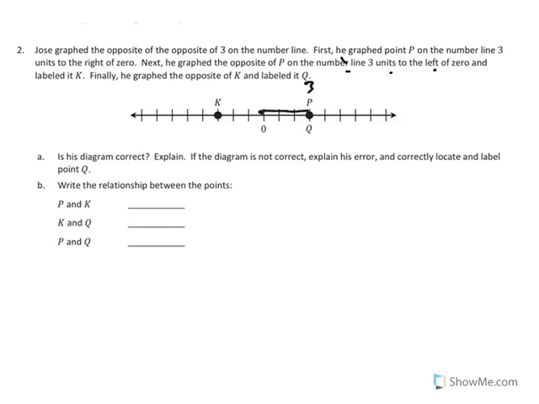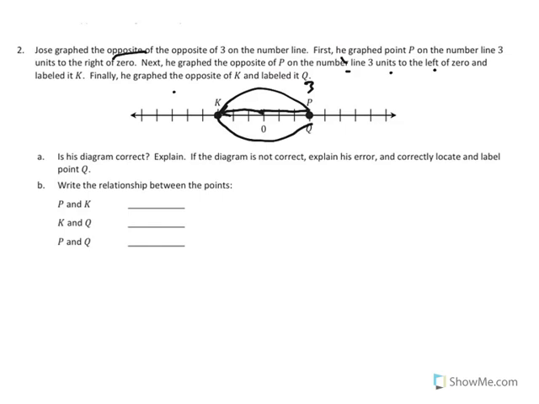So this was the first one. And then he did this one and called it K. So that was the first opposite. Finally, he graphed the opposite of K and labeled it Q.